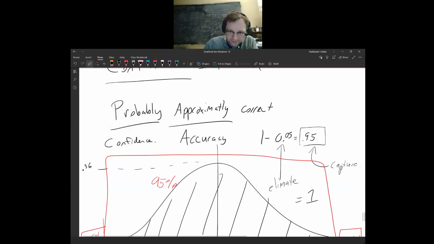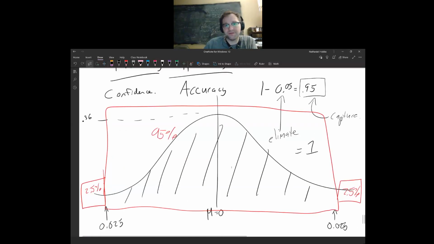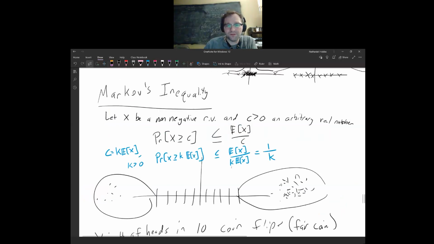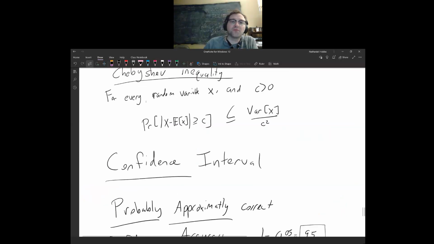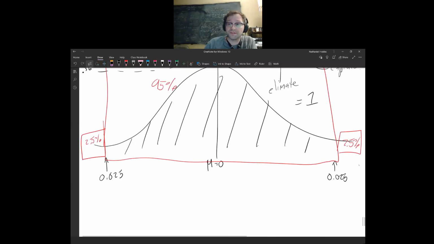And Chebyshev does give you this. Chebyshev says the probability that you're so far away from the expectation is smaller than some number. Here, you're looking for the number 0.025, this 2.5%.